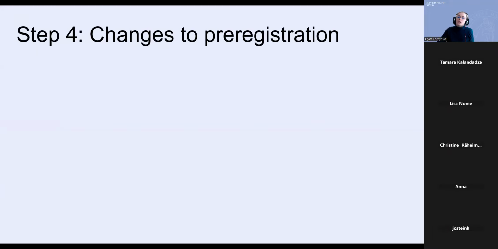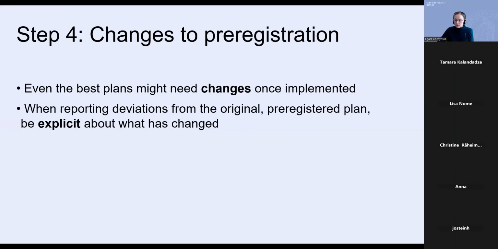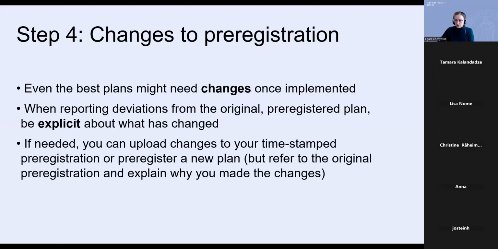You can also make changes to pre-registration after you pre-register, because even the best plans might need changes. And when reporting any deviations from the original pre-registered plan, it's really important to be explicit about what has changed if you keep the original pre-registration and you report changes in the final manuscript.